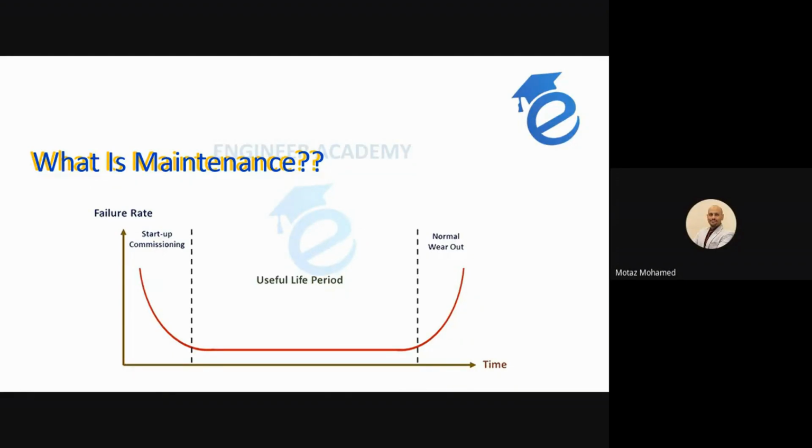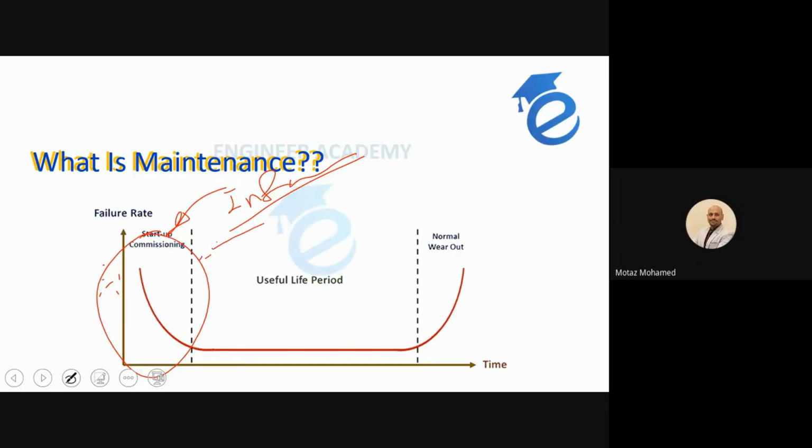Actually, this curve is representing the equipment life cycle, from beginning to end. Then this first part of the curve is what we call infant mortality. The infant mortality part of the curve actually represents the beginning of equipment life.